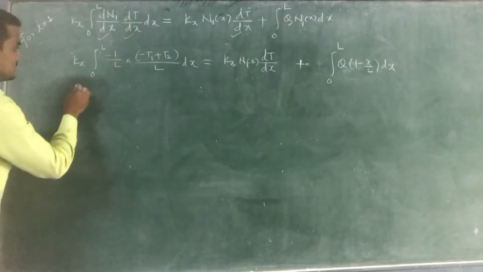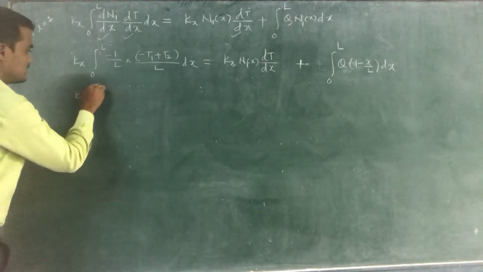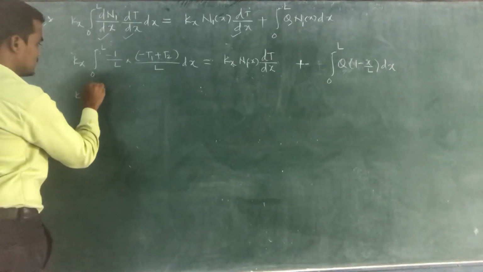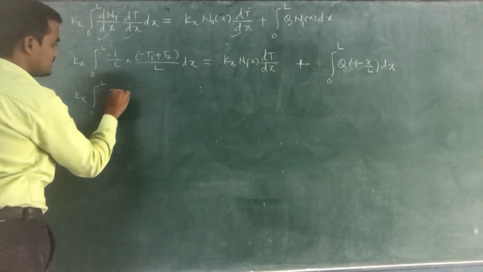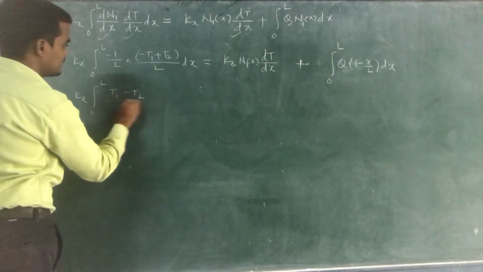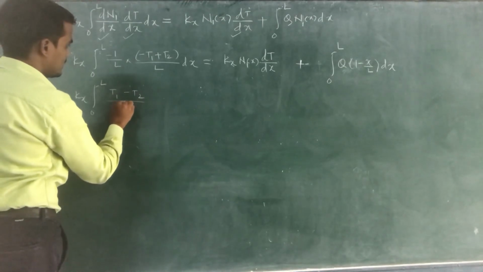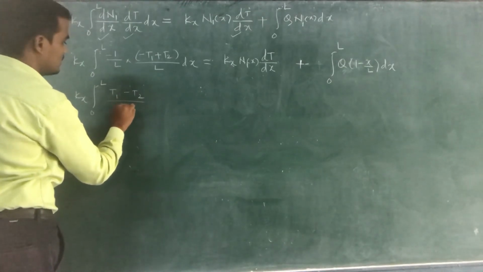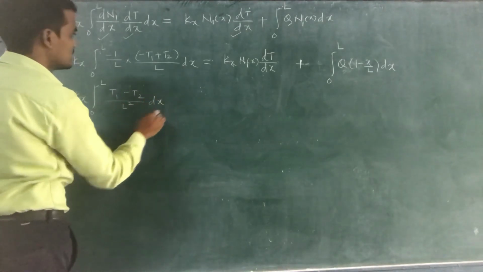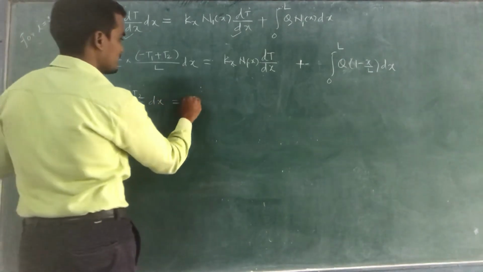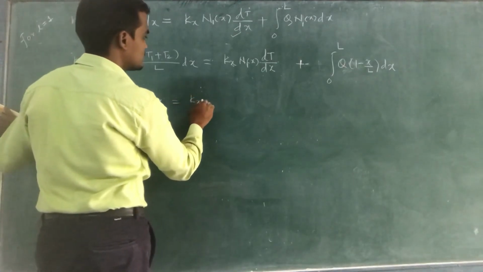So this will become kx integration of 0 to L. This minus will become (T1 minus T2) divided by L into L square, actually, into dx, equal to kx.